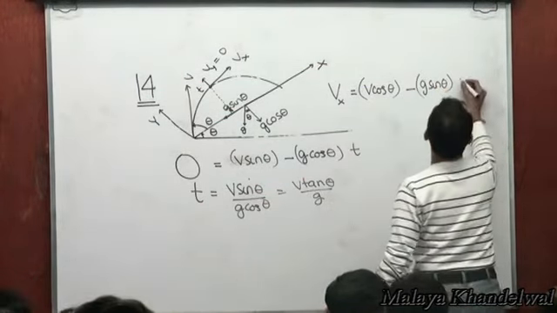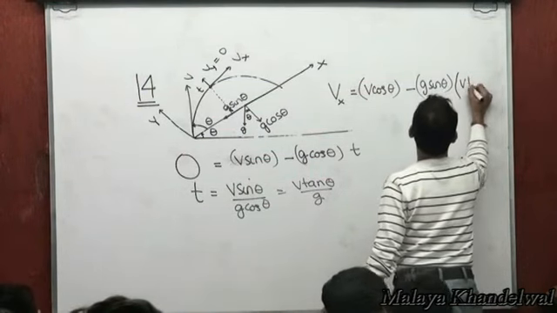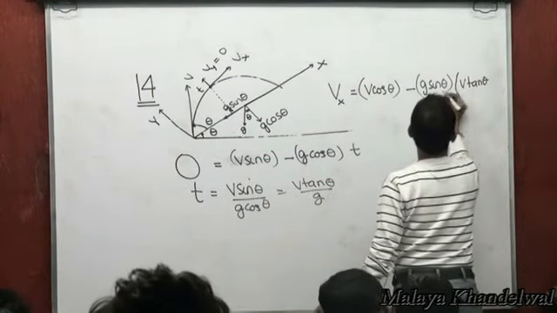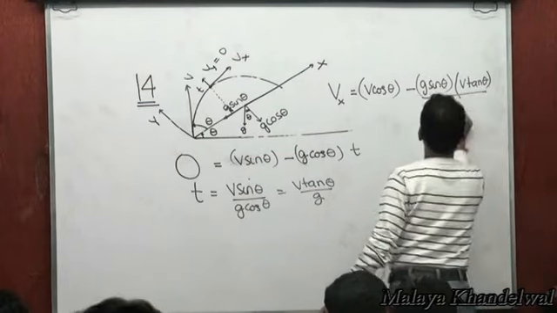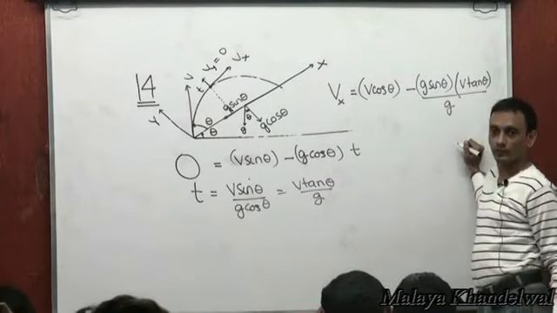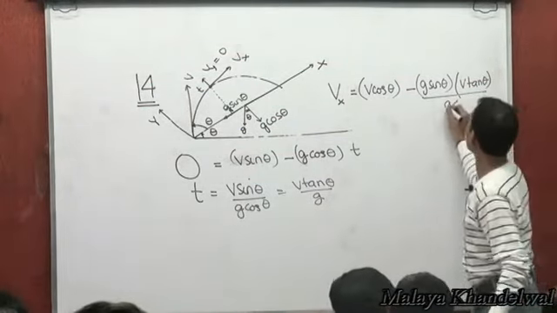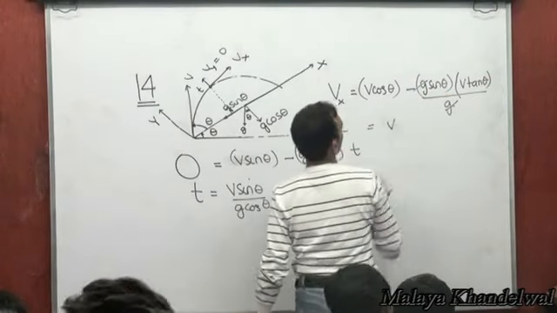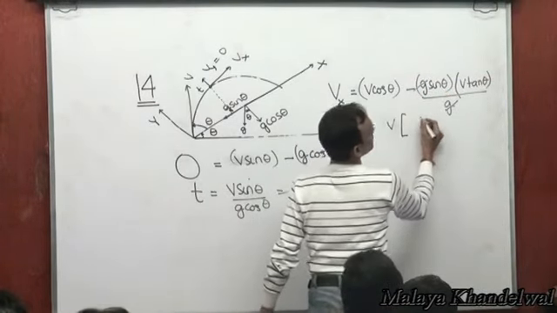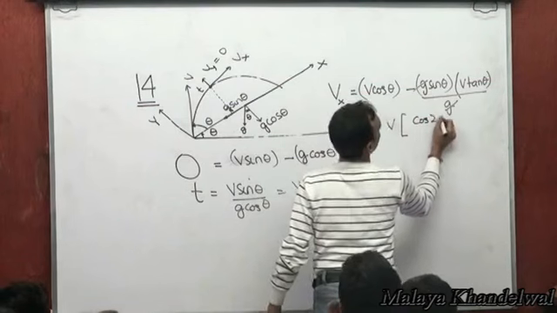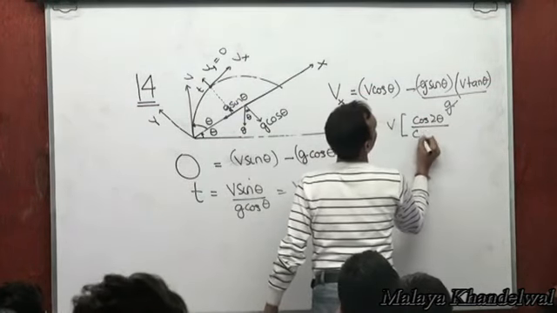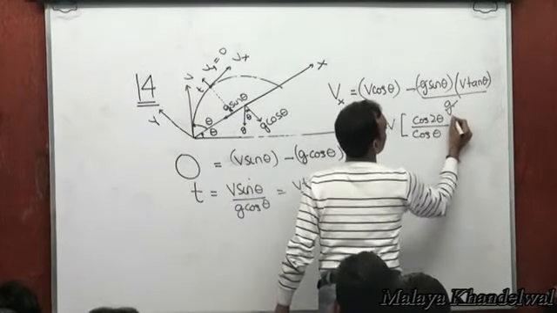Time t is v tan theta by g. Right? So this is v times cos squared theta minus sin squared theta, that is cos 2 theta, by cos theta, right?